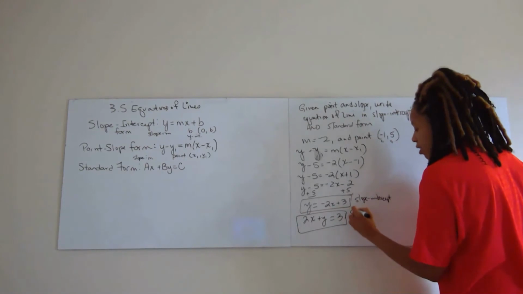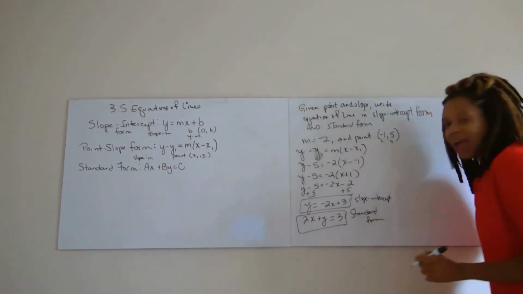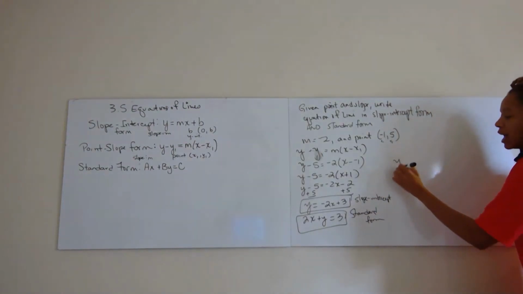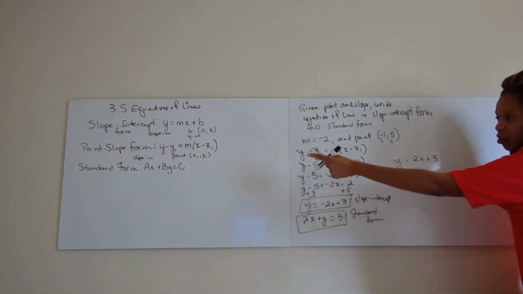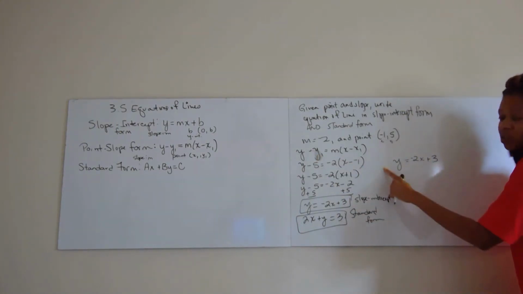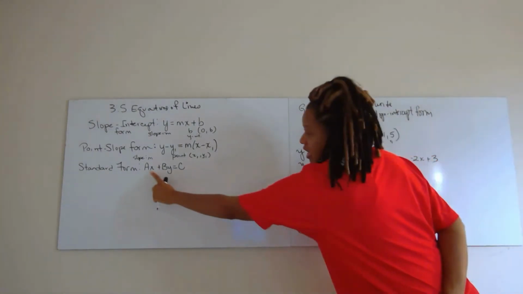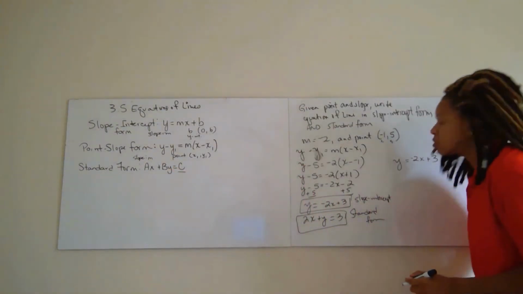So what happened there? Y equals -2x plus 3. If I'm trying to get it in standard form, standard form means the x term has to go to the other side of the equal sign, back on the same side with the y. See, ax plus by equals c. There should only be one term on the other side of the equal sign.